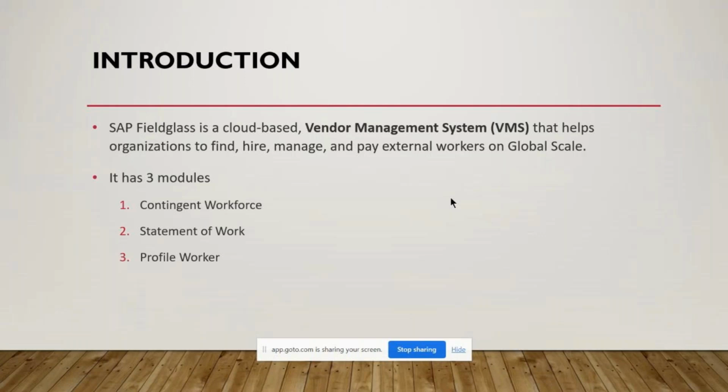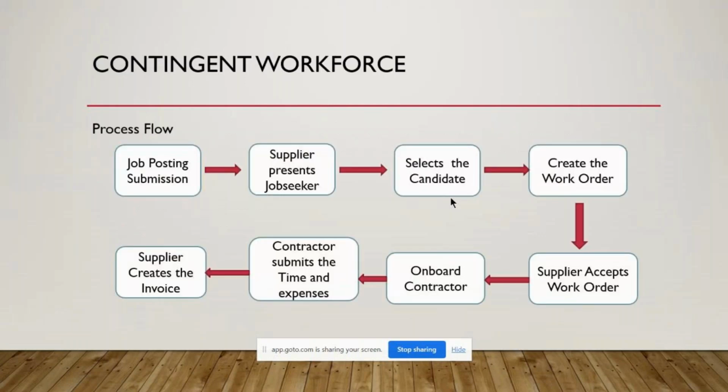Let me go into the flow of contingent. I'll explain the contingent flow first, just a simple flow of what all the things will be. Coming to the contingent workforce, firstly the hiring manager will create a job posting based on the requirement.